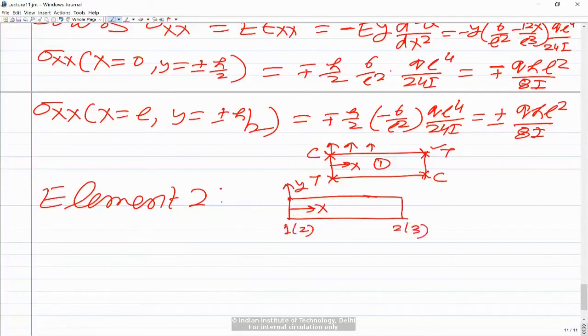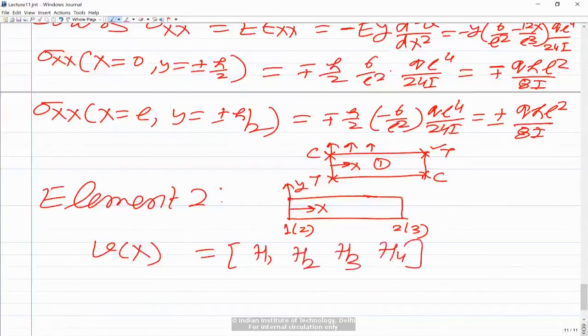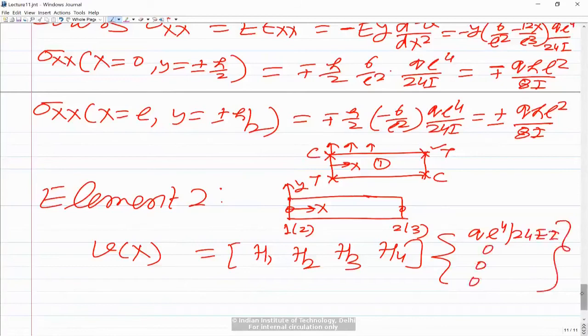And now for this, if you want to calculate the deflection at any point, so v of x is the same, interpolation functions are the same, h1 h2 h3 and h4, and then the degrees of freedom are now for this node and then this node. So v2 is q l power 4 upon 24 ei, theta 2 is 0, then v3 is 0, theta 3 is 0. So this is what you will have for the second element.